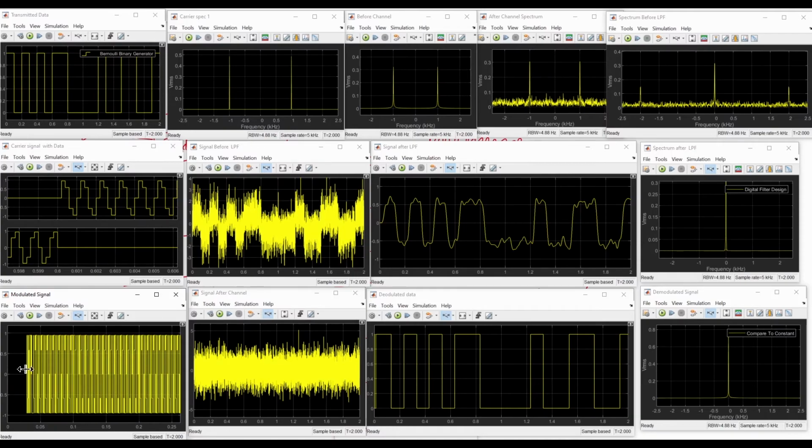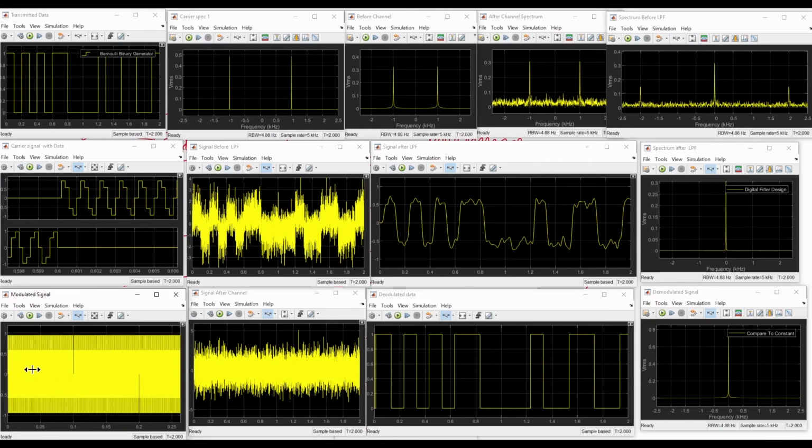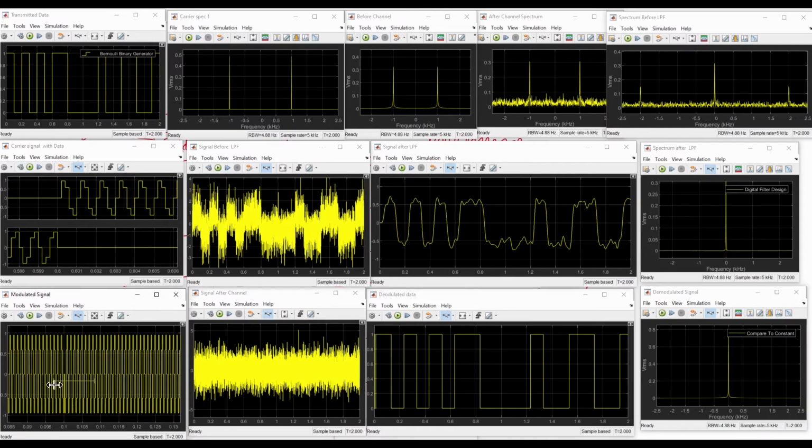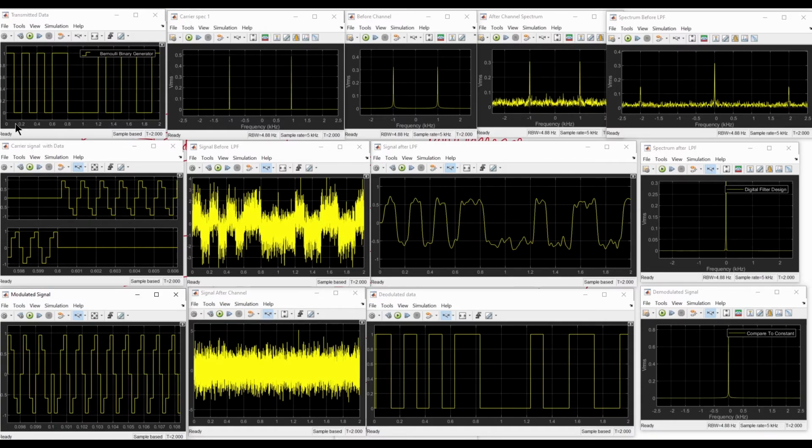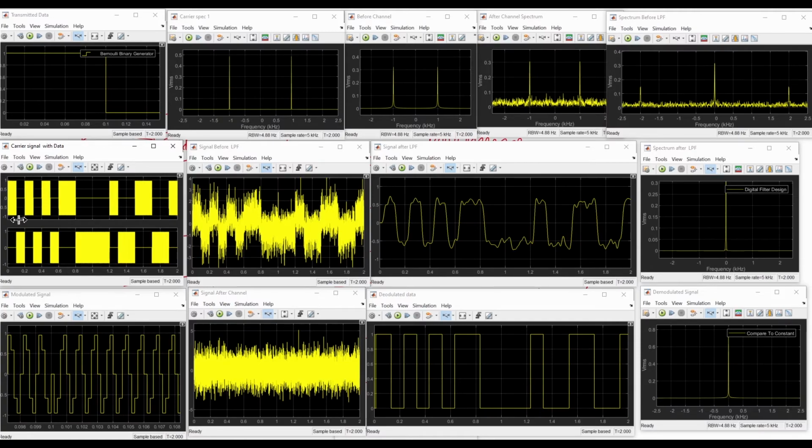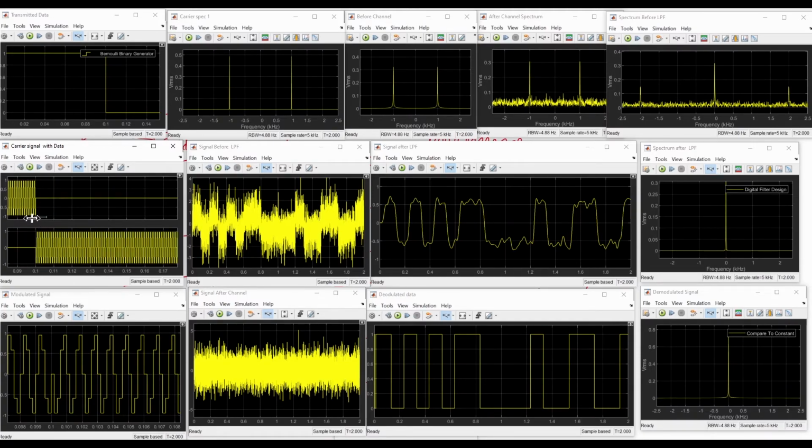As the frequency is very high, you can zoom in here. So this is 0.1, and this is actually 0.1. If you zoom into this one, this is 0.1, and let's go to 0.1 of this system.